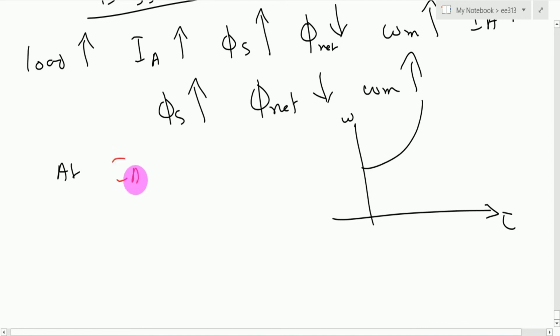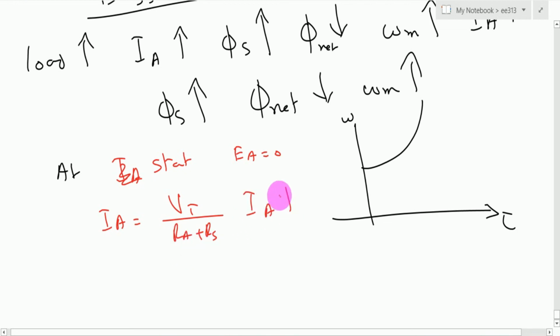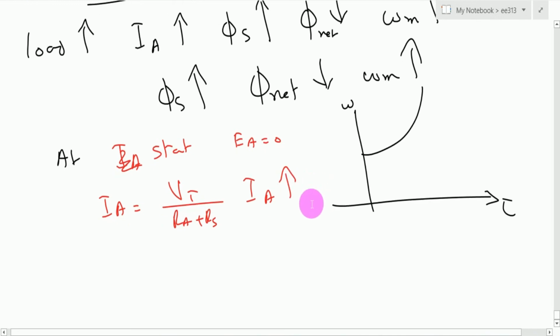At start we have Ea equal to 0. Now when Ea is equal to 0, then Ia is equal to Vt over Ra plus Rs. Now because Ra and Rs are very small, Ia will become very high. As Ia becomes very high, phi s becomes very high.